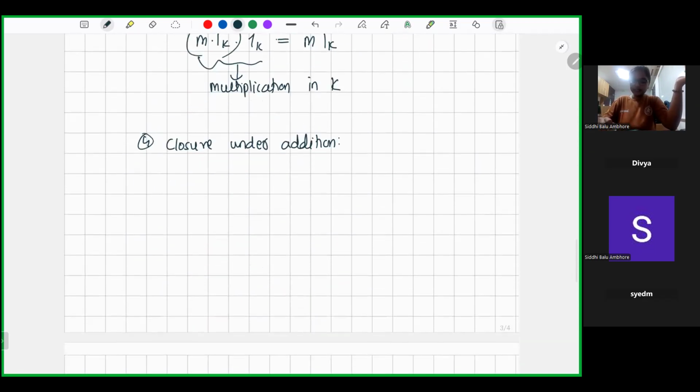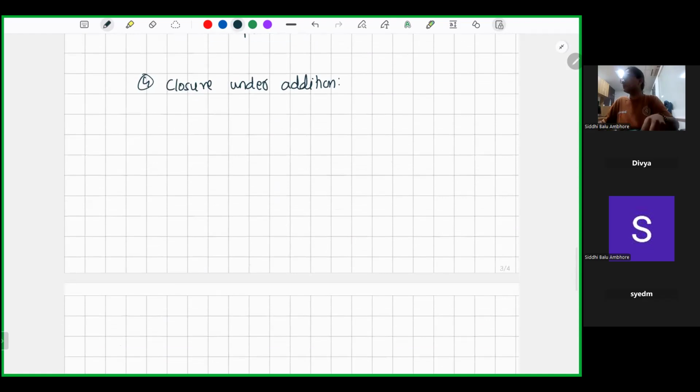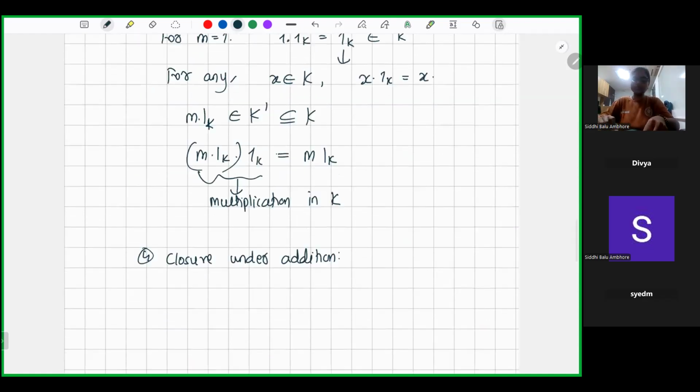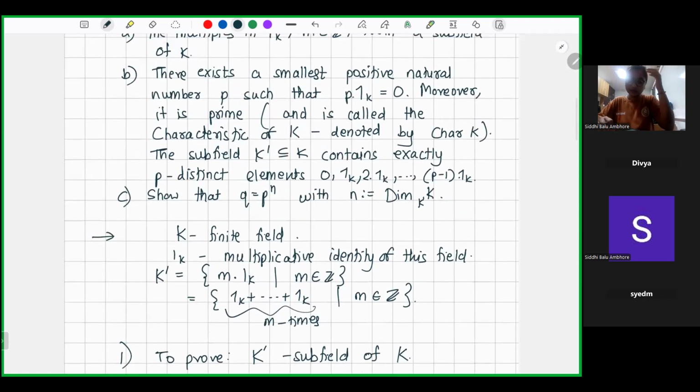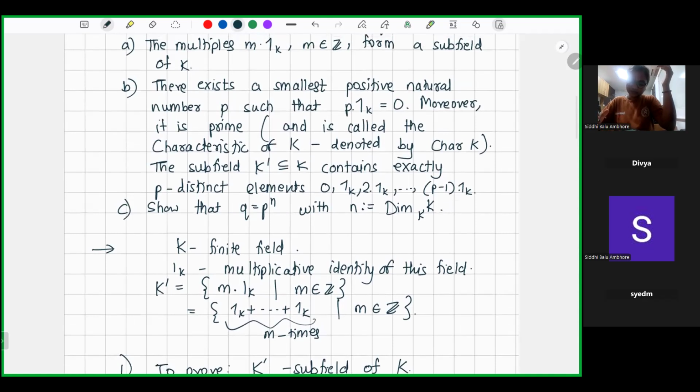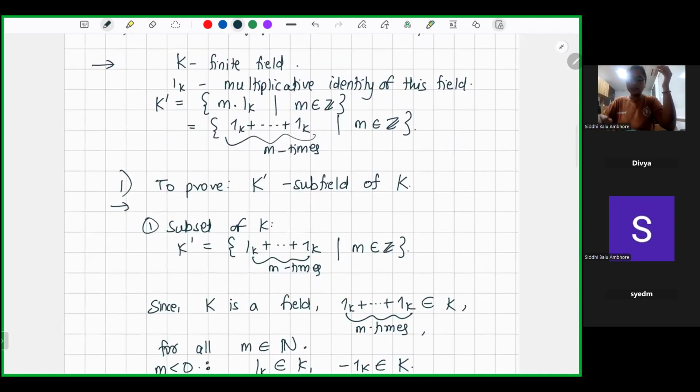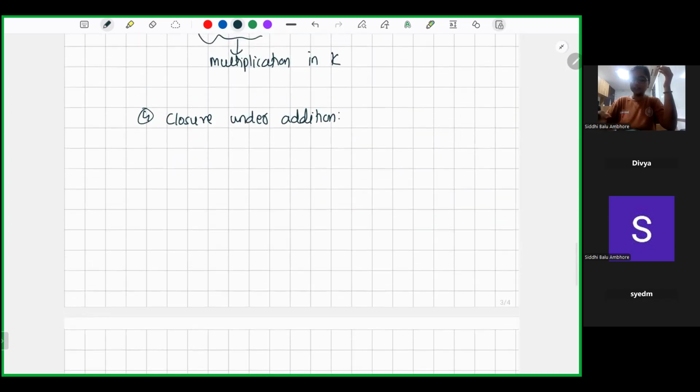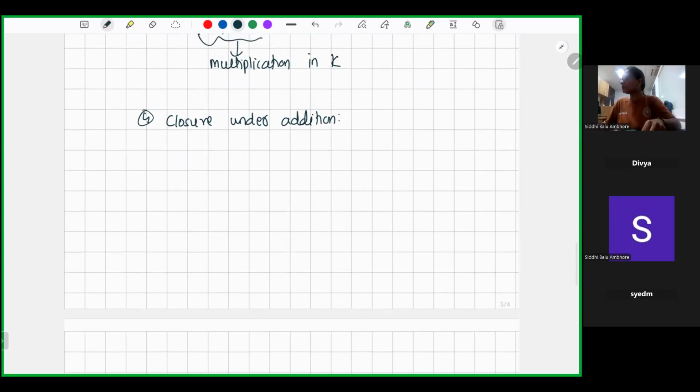But let us finish this, and then we will move to the second question, which actually takes care of so many things which we learned in this week.